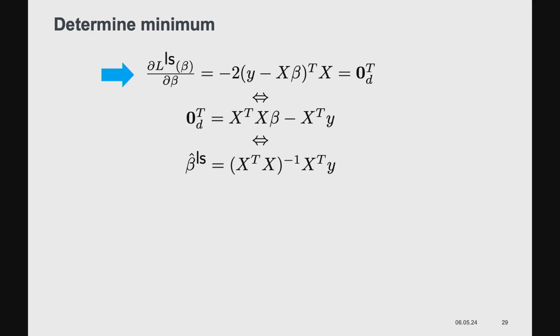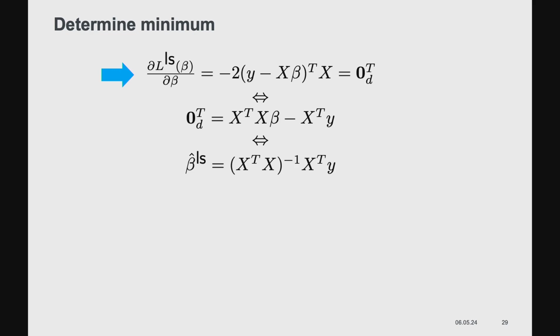I mean, we have matrices, so we cannot divide, but we can take the inverse of a matrix. And the inverse of a matrix times the matrix itself is then the identity. So if we multiply with the inverse times this term, then this becomes the identity, and we have beta left. And overall, this gives us this beta.